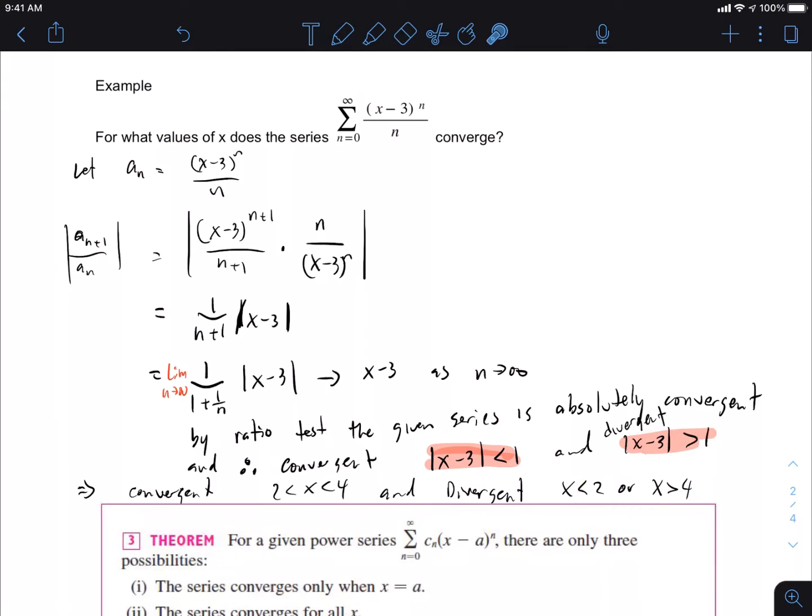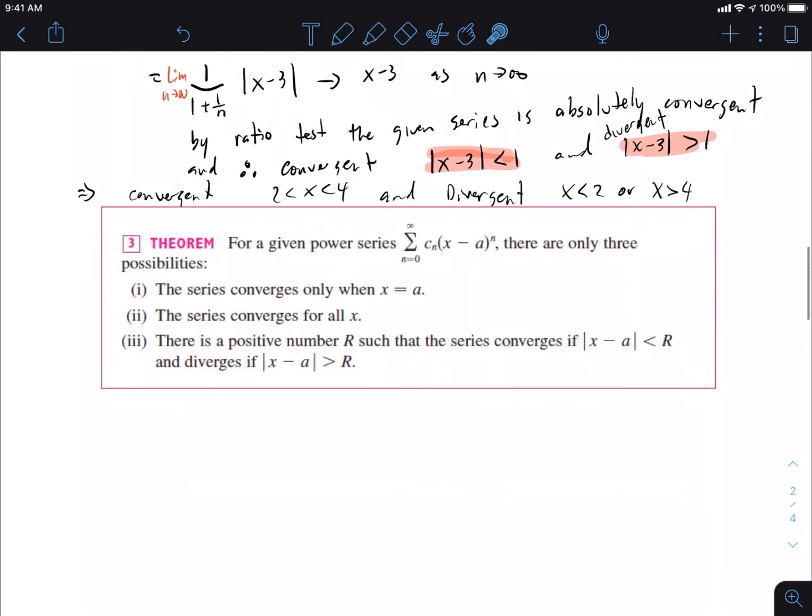Now, the one thing that it didn't address that we need to address, and the ratio test doesn't help us with this, is at 2 and at 4. So I have to address that independently. So I'll do it below this theorem, and then I'll come back to this theorem.